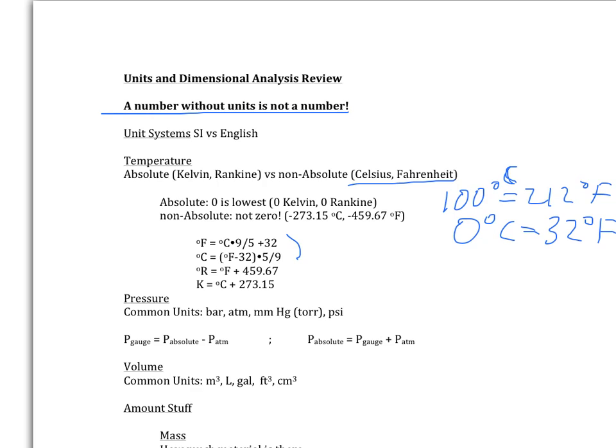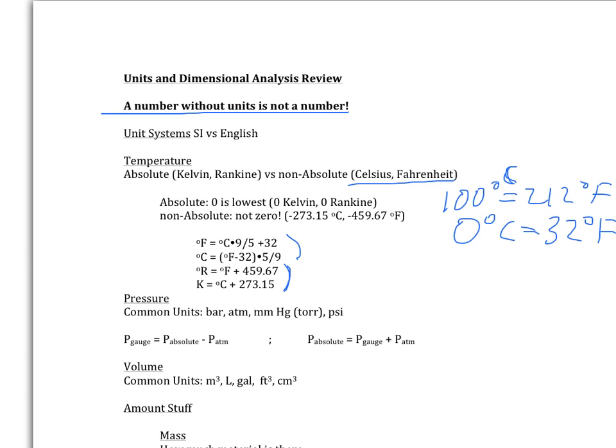You should also be familiar with the Kelvin scale, and maybe to a lesser degree the Rankine scale. In the Celsius and Fahrenheit scales, you can have negative temperatures. The Kelvin and Rankine scales have been developed so there are no negative temperatures. The lowest you can go is 0. You convert between Celsius and Kelvin, and Fahrenheit and Rankine, simply by adding a number, according to those two equations.